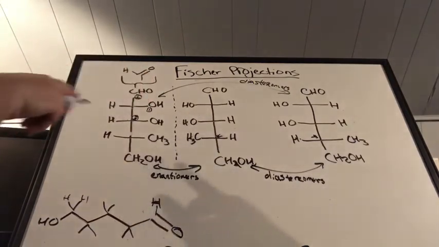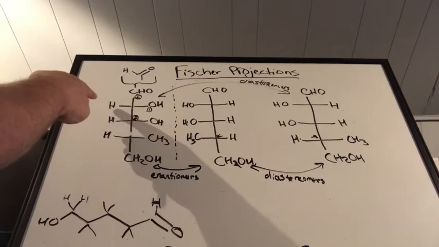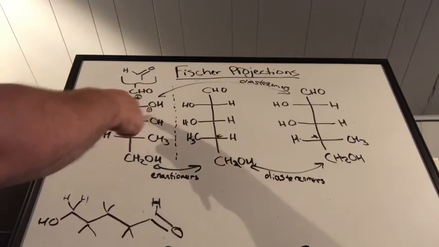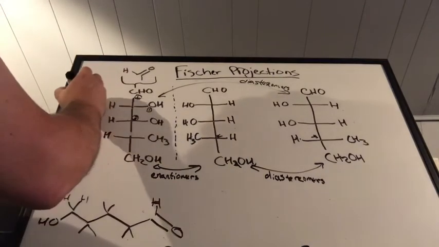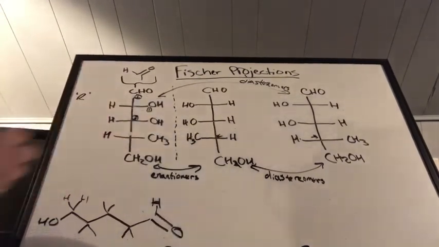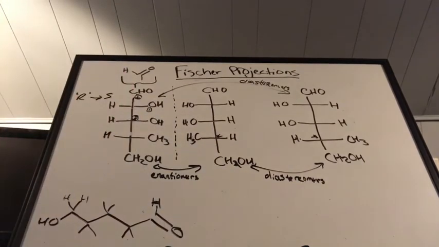If it's going to get flipped around, that highest priority is going to go on to the other side. So in other words, as we're seeing it, it looks like it's R, but actually it's going to be S. So R, in quotation marks, to S. Okay. So that's for carbon number 2.